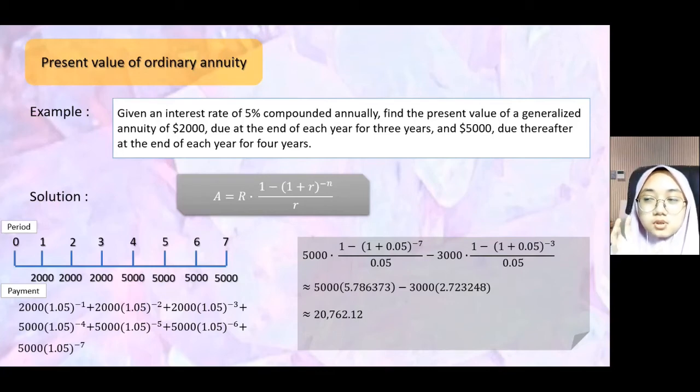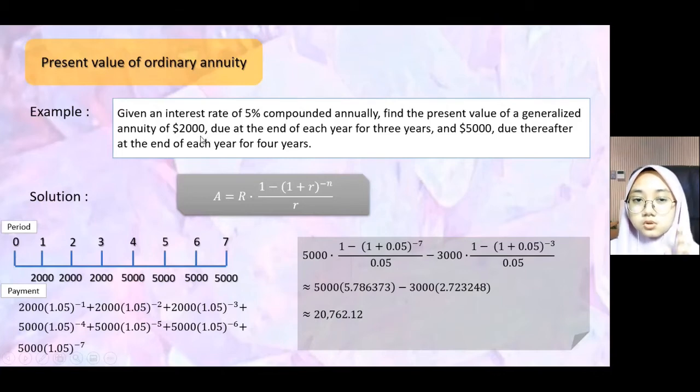The words "at the end of each year" already state that this is an ordinary annuity case. And then $5,000 due thereafter at the end of each year for 4 years. As you can see, the interest rate is 5%, but it is for every year.